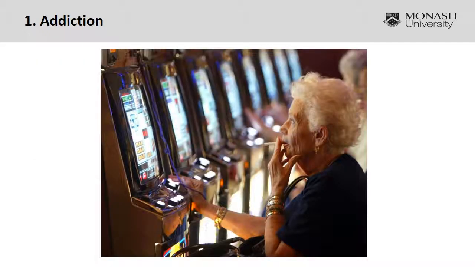And here we are with the classic pokey machine. So she'll keep pressing that button, and every so often there'll be a payout, and that payout will create a dopamine hit, a sense of pleasure, and because the payout is variable, she won't know when to stop pressing that button because she doesn't know when it's going to pay out, and the pleasure from having that reward is more intense.